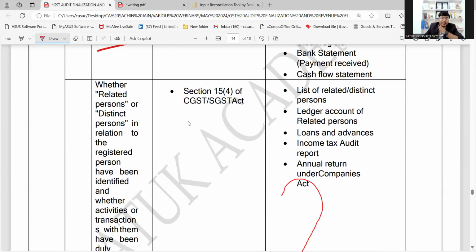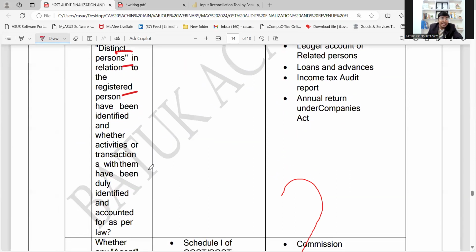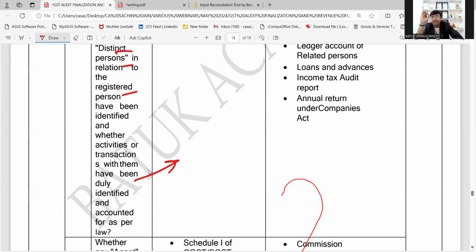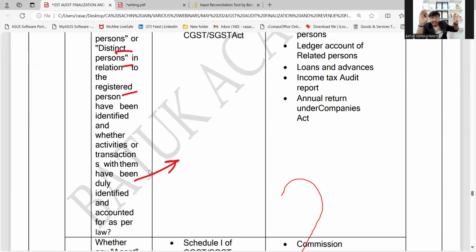Check whether related persons and distinct persons among the registered persons have been identified, and check the transaction value. We have probably already discussed this concept in yesterday's session. From the 3CD we can easily check the related parties, and if there is any transaction with a related party, in that case we have to check the value of supply, because manipulation is possible, and I have already shared an example of how they make the manipulation.